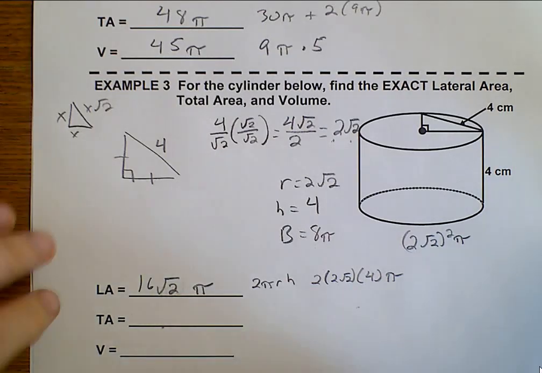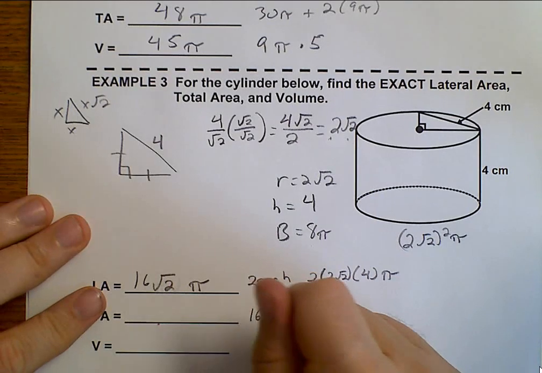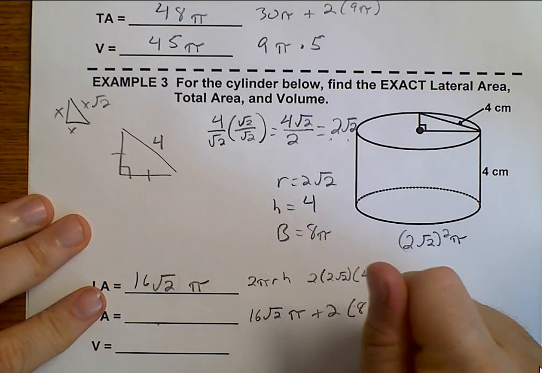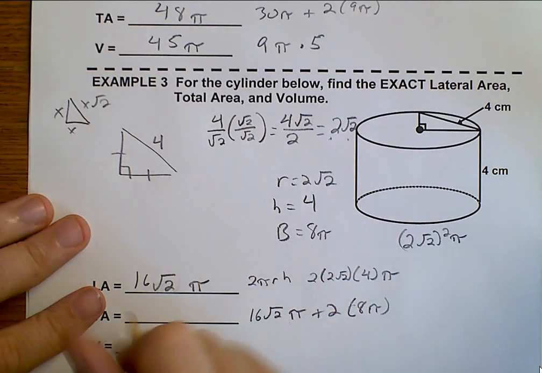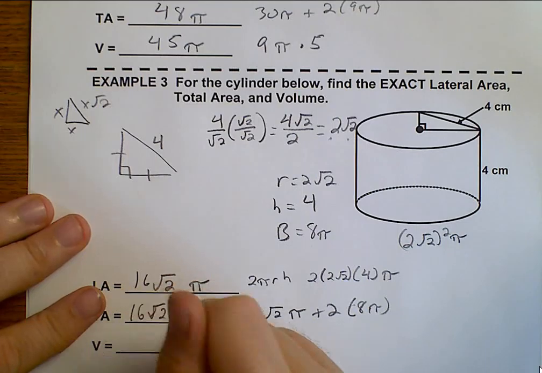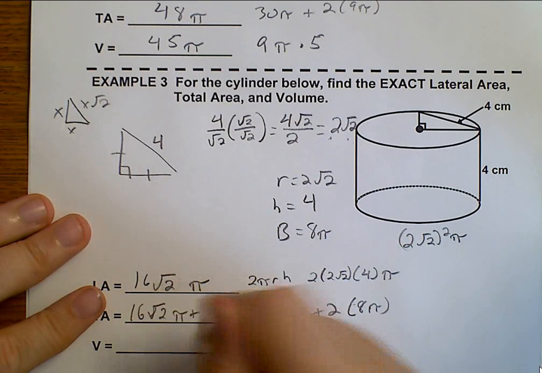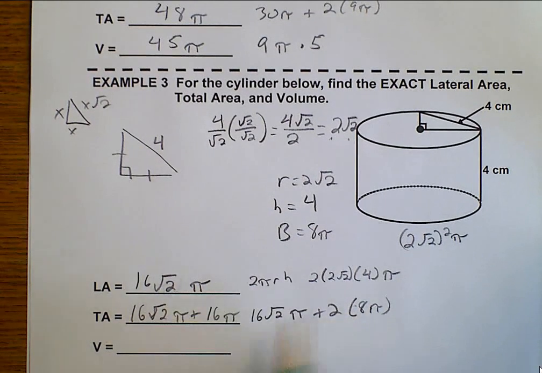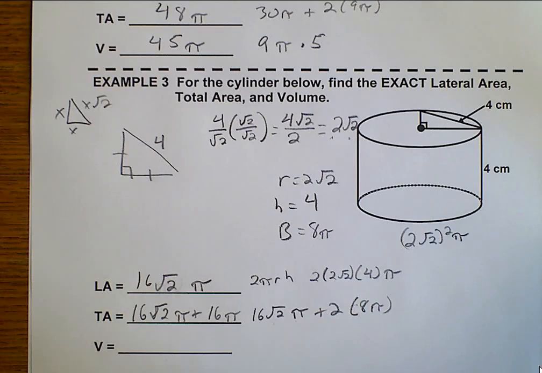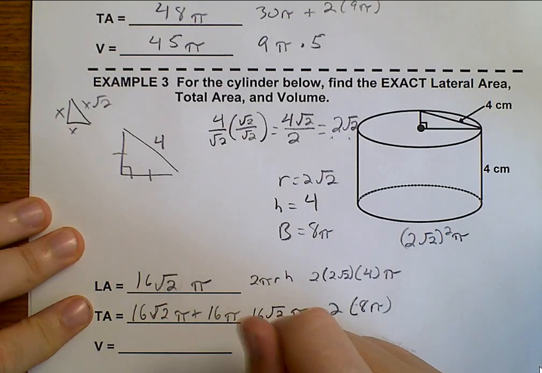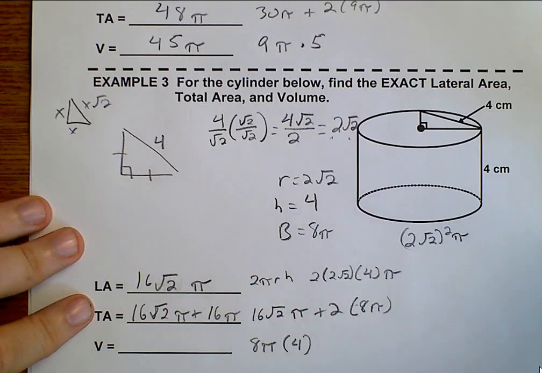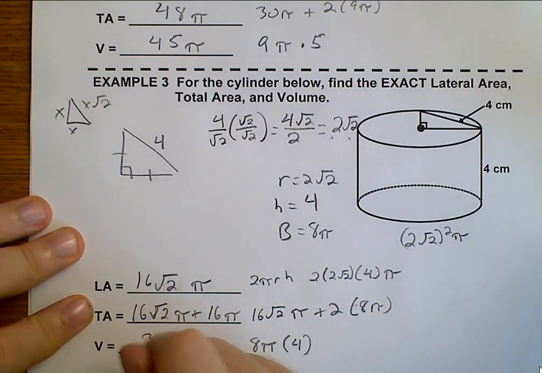Now total area is going to take that 16 square root of 2 pi and add twice the area of my base. So that's going to be 16 square root of 2 pi plus 16 pi, because I can't combine this with this due to that square root of 2. And now my volume is 8 pi times my height of 4. 8 times 4 makes 32 pi.